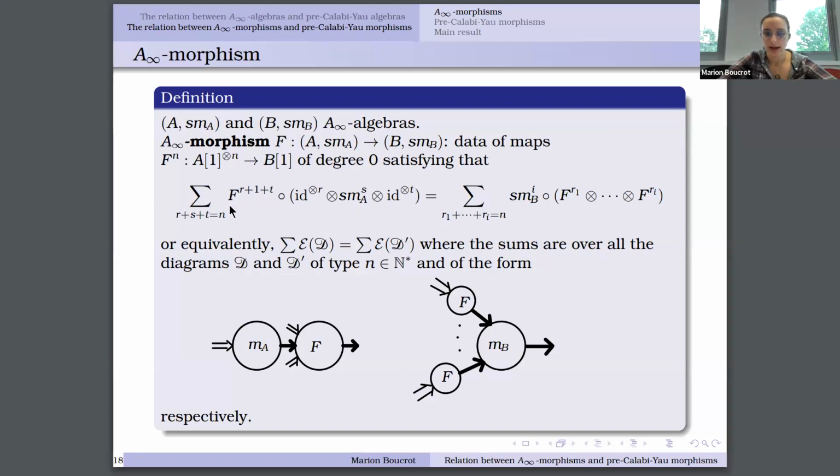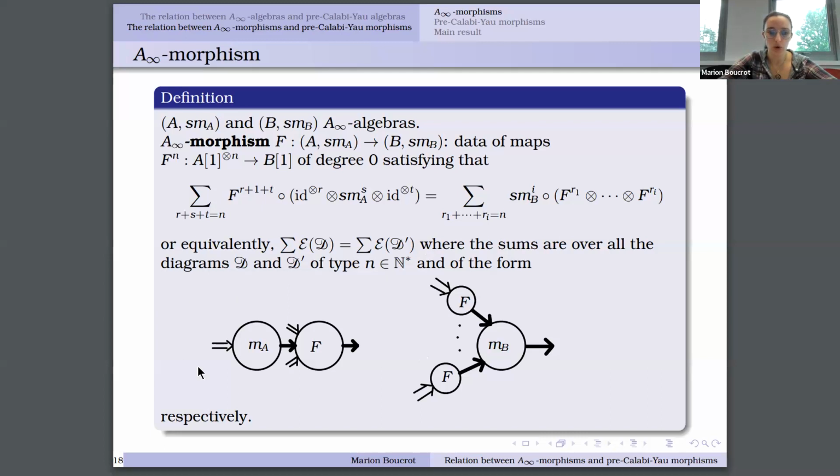So here, this seems like the Stasheff identities, because one can depict it like this. Here we have a map F going into B shifted by 1. This is why we have a bold arrow here that takes lots of identity maps, an output of a map MA, which is the infinity structure on A, and which takes a lot of identity maps here.